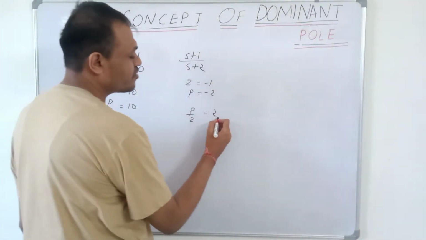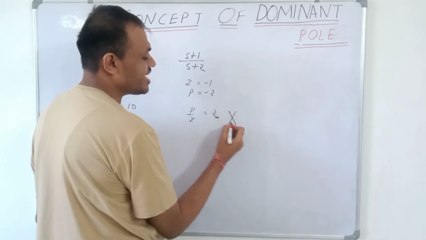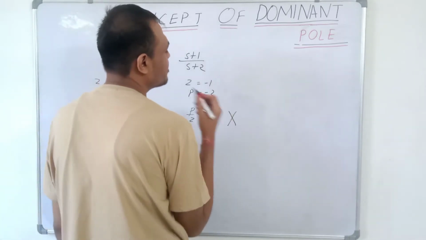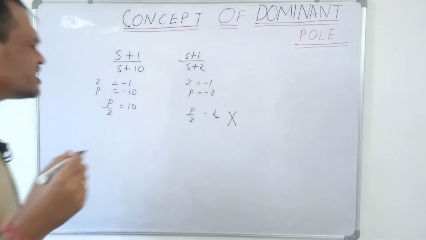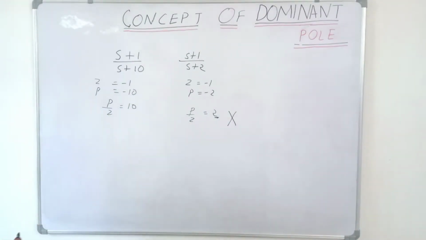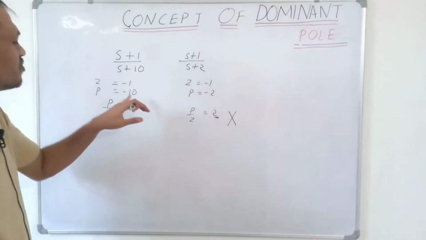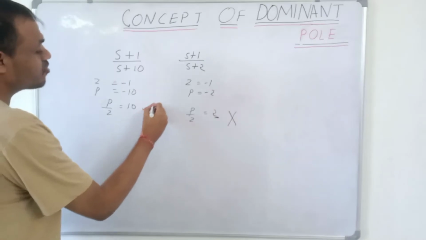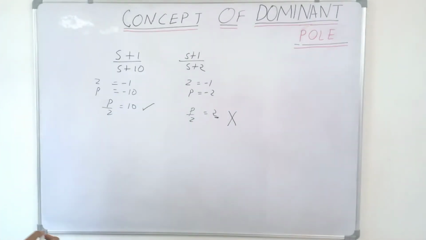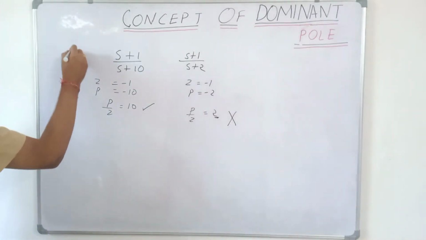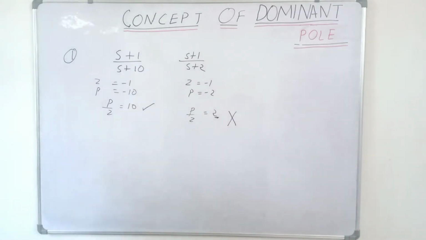So the concept of dominant pole will not apply here because the ratio is less than 5. The ratio must be at least 5 to apply the concept of dominant pole. So we can apply the concept of dominant pole here. So this is the first thing, whether we can apply the concept of dominant pole or not.